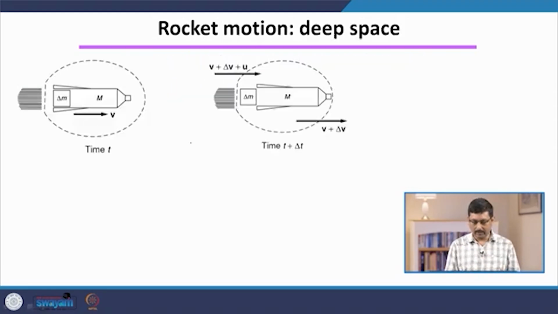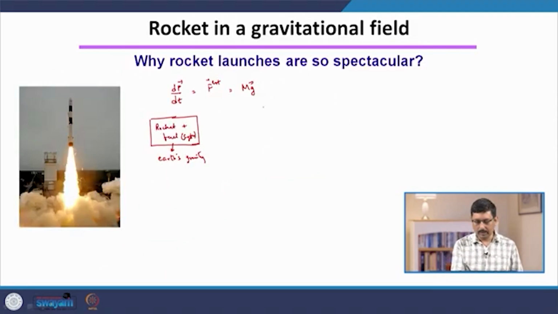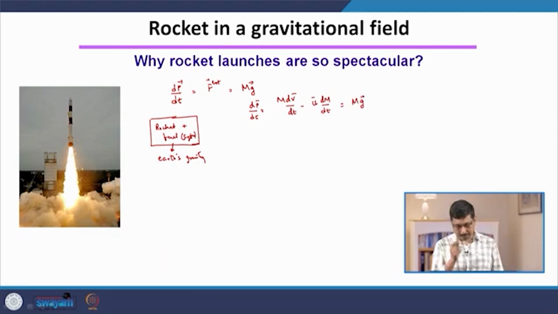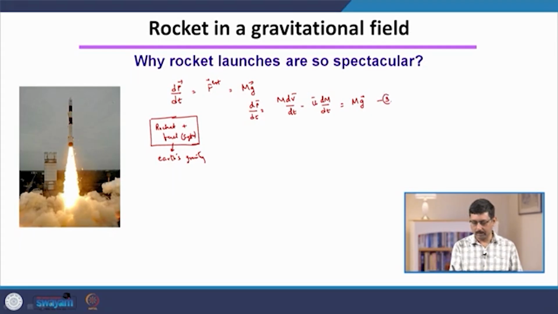So, in this case, let us rewrite this equation. In other words, dp/dt was equal to, and this is equal to mg. Now, let us solve this equation, let us call it equation 3.